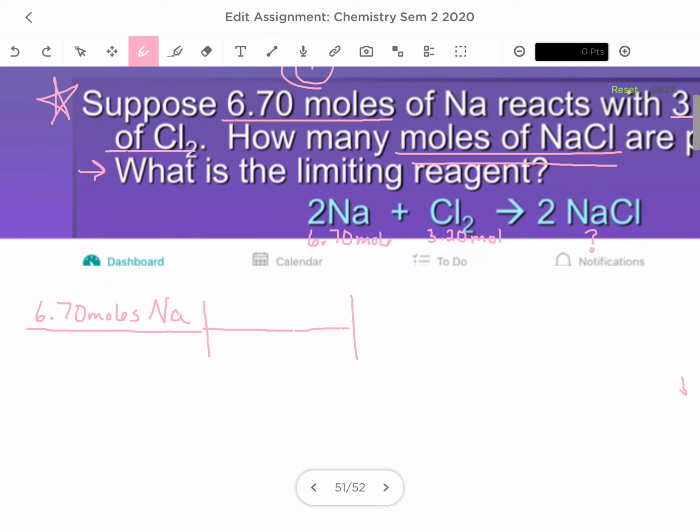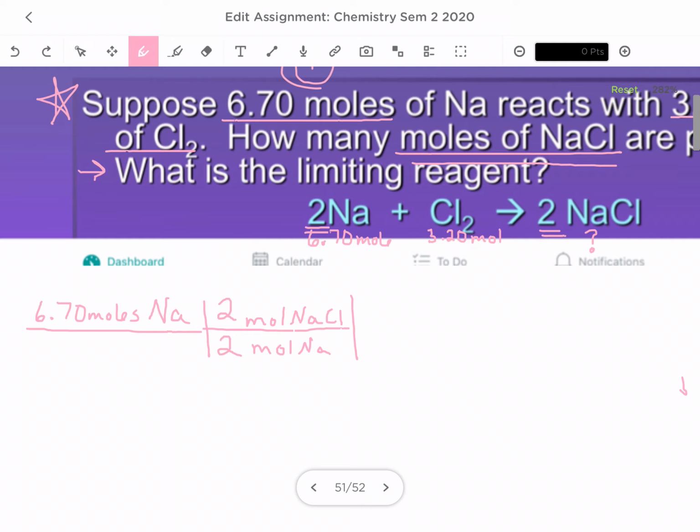If it's given in moles, I can use my mole ratio to go to the unknown. Remember, your mole ratio comes from the coefficients in the balanced chemical equation. So I want moles of Na down here and moles of NaCl up here. I look at my balanced chemical equation and notice that the coefficients are 2 and 2.